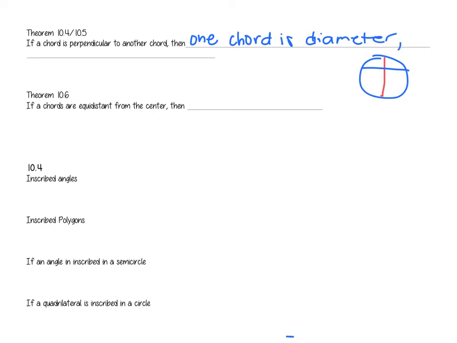If that's the case, then the diameter hits the chord at its midpoint and is perpendicular.